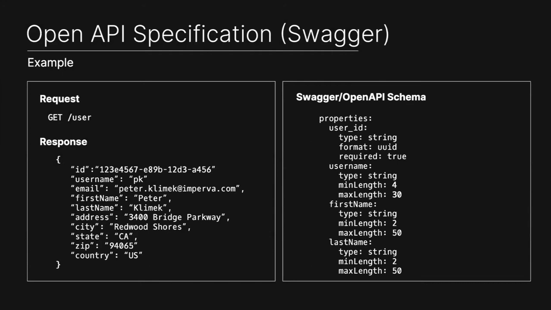So for example, if on my database schema I'm specifying that username is a varchar with a max length of 30, then that's a good example for me to say, well, in here I'm going to define that I expect this parameter to be between 4 and 30 in terms of the actual length and characters.